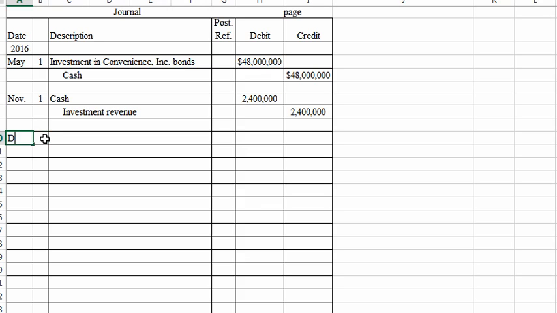Okay, then we'll go to December 1st. What happened there? Purchased 12% bonds of Facsimile Enterprises at their $30 million face value to be held until they mature in 2026. Semi-annual interest is payable May 31st and November 30th. Okay, so we just missed the interest payment date. Again, they have the intent and ability to hold these bonds to maturity. So we're going to debit investment in Facsimile Enterprises bonds.